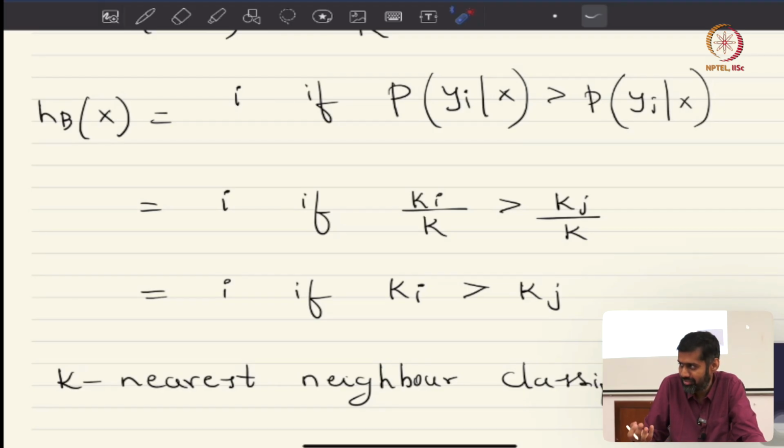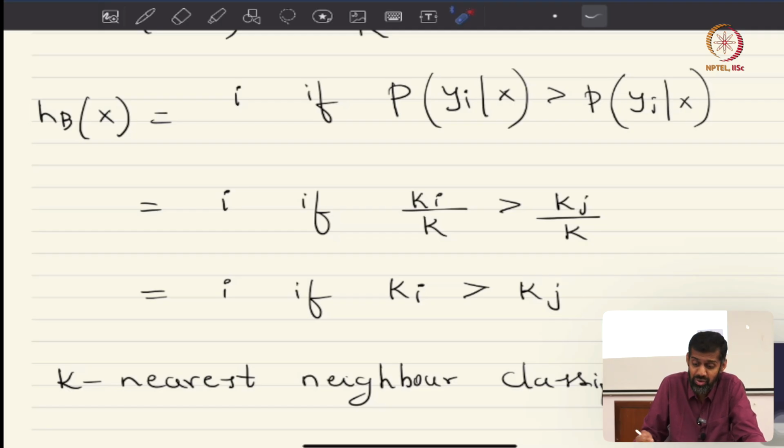Given some problem, just come, and by the way, you have to choose a distance metric here. That is a hyperparameter. You can choose any of your favorite distance metrics. Depending upon your distance metric, you build a k nearest neighbor classifier.